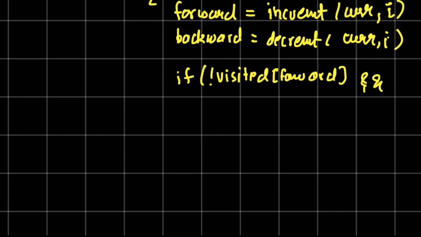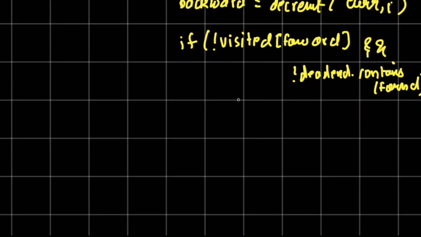So and dead end dot contains forward; it should not contain forward. Okay, so if this is the case, then we will push it into the queue. So queue dot push, we will say forward.